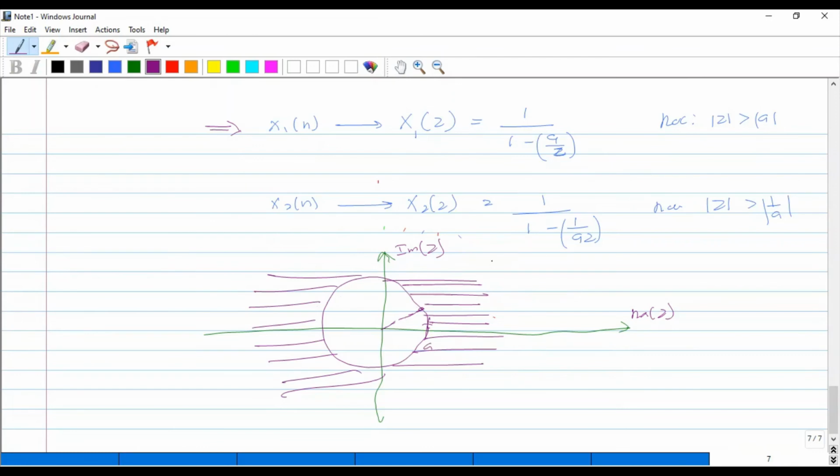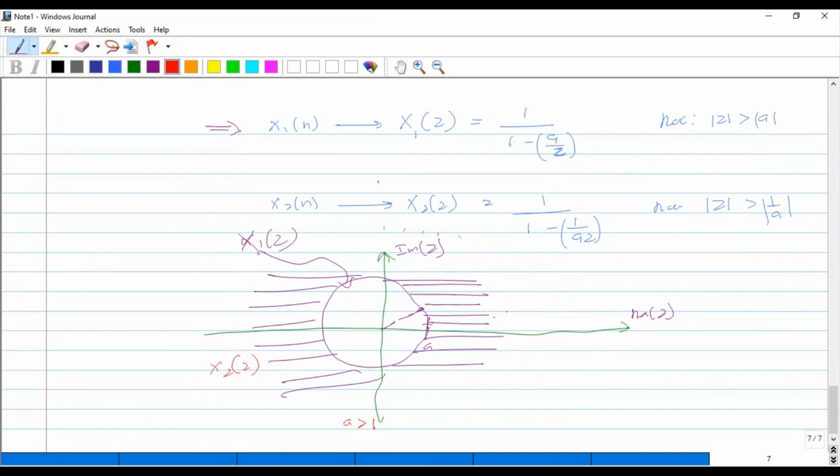So this is the ROC for X1(z). If I draw X2(z) in this z plane, what do I get? If a is greater than 1, a can be 2.